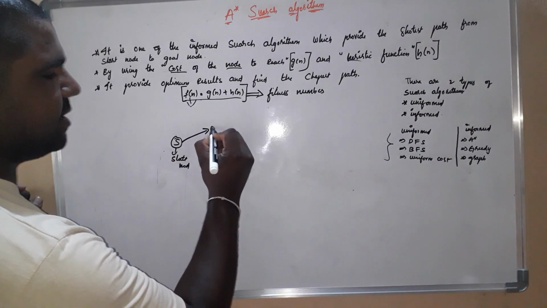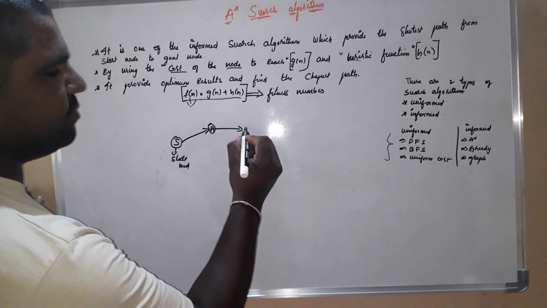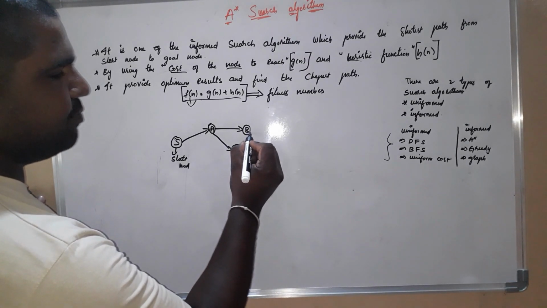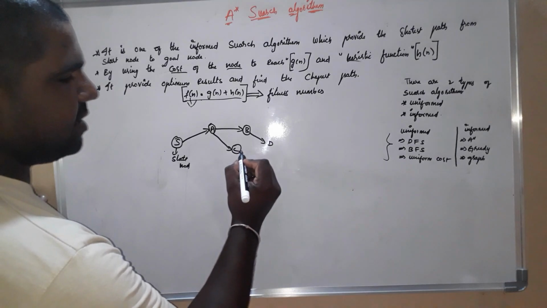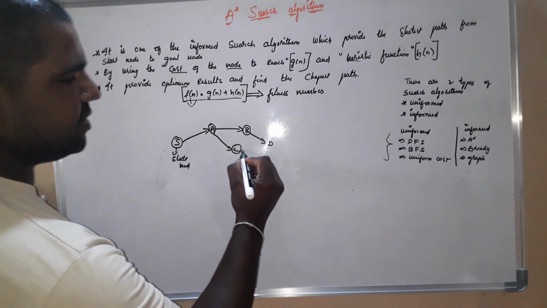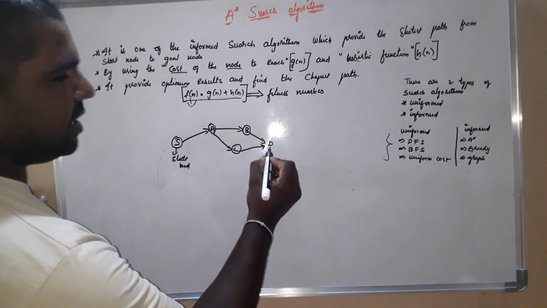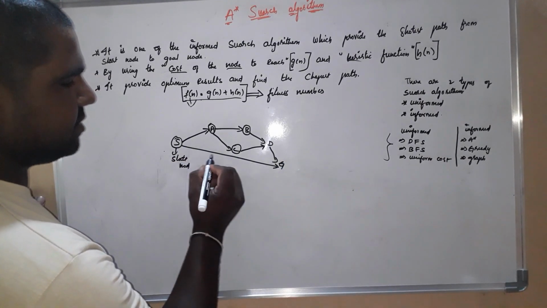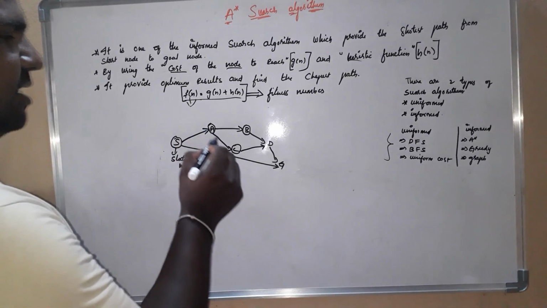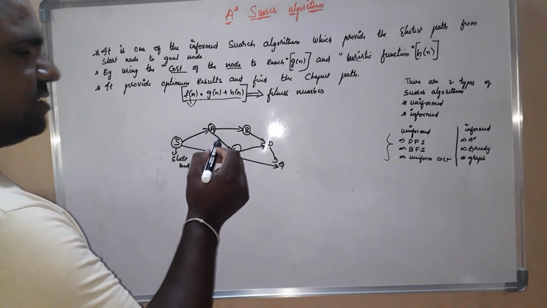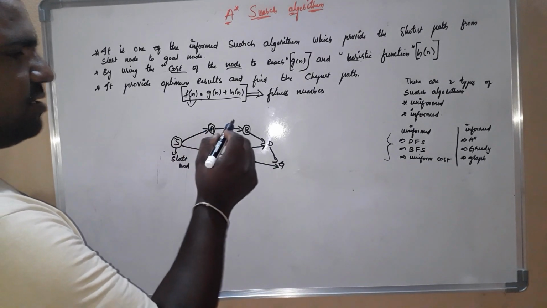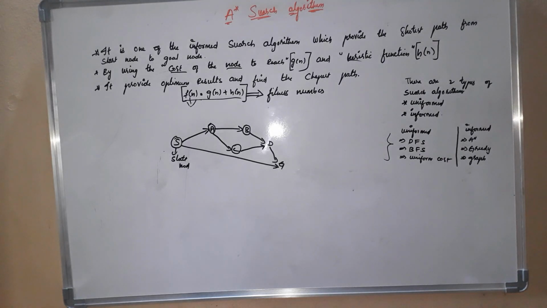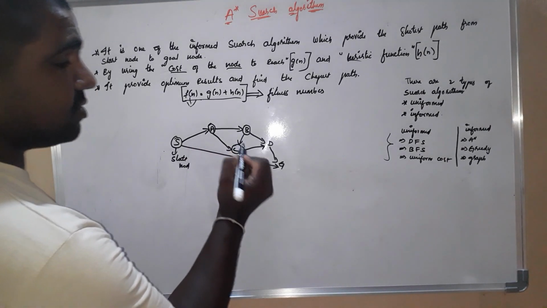S to A, S to B, A to C, B to D, and C to D, and D to G, S to G. This is the path: S A C D G, or S A B D G, S to G. We don't know which path is right. Okay, let me include B to C also, no problem.